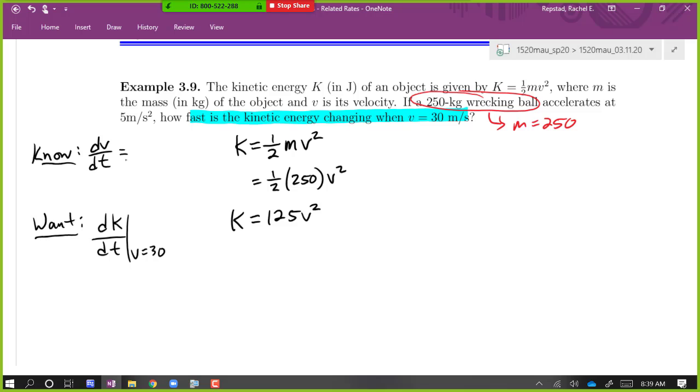The wrecking ball acceleration. Yeah, acceleration is a rate of change of velocity. We kind of think about acceleration just being a second derivative of position, which it is, but it's also the first derivative of velocity. So they tell us that it accelerates at 5 meters per second squared, so we know that dv dt is 5.